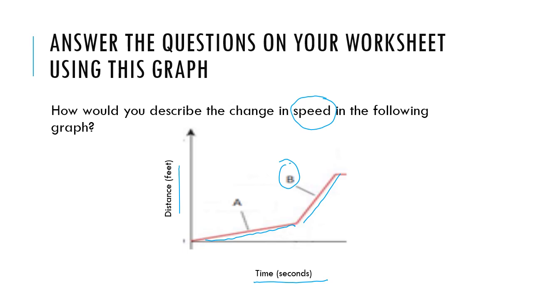If you said more quickly, you are right. This is a positive acceleration. Right? It is speeding up at that point. So overall, when we want to describe our change in speed, we can say that it is speeding up.